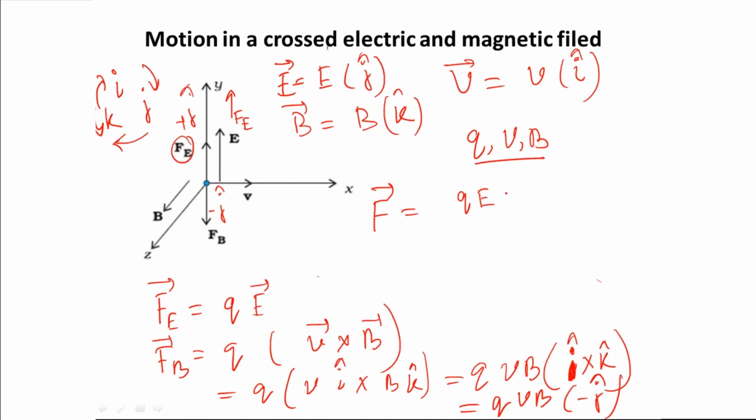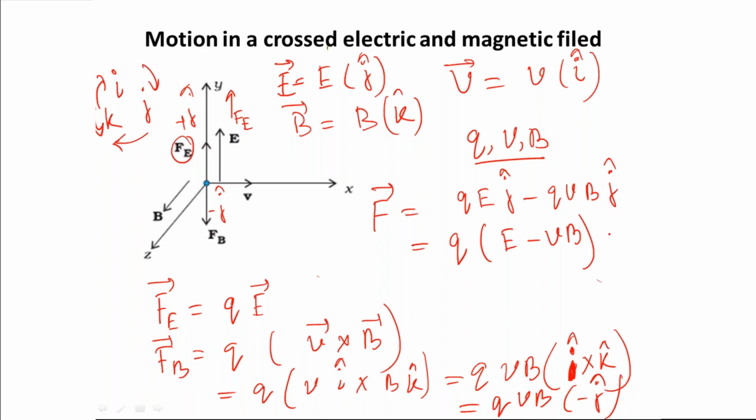If I take Q common, you get Q into (E minus VB) into J cap. So this is the force on this charged particle.